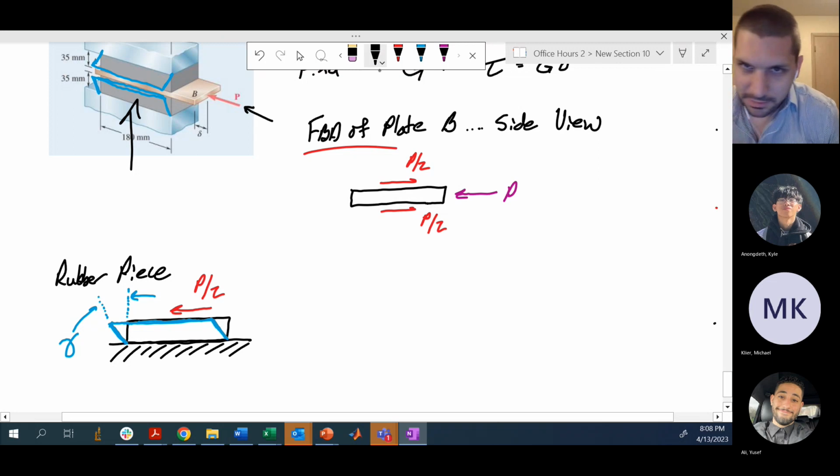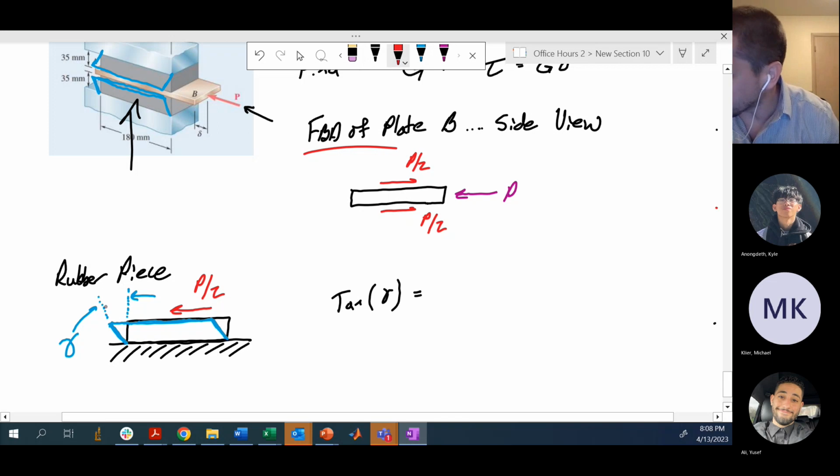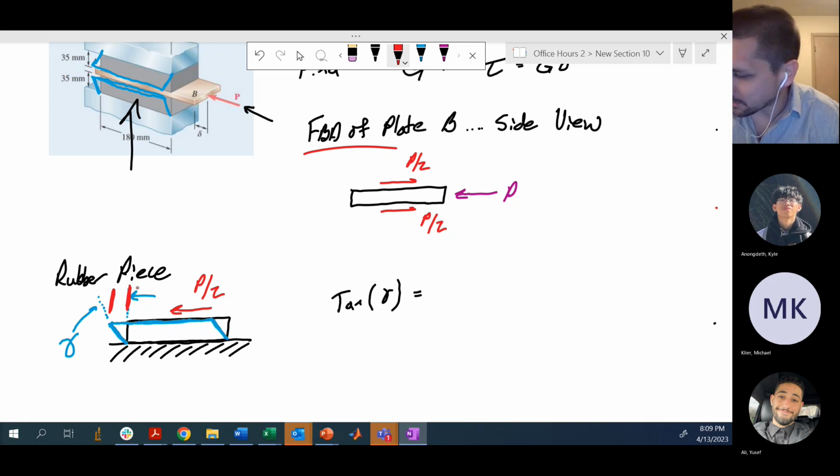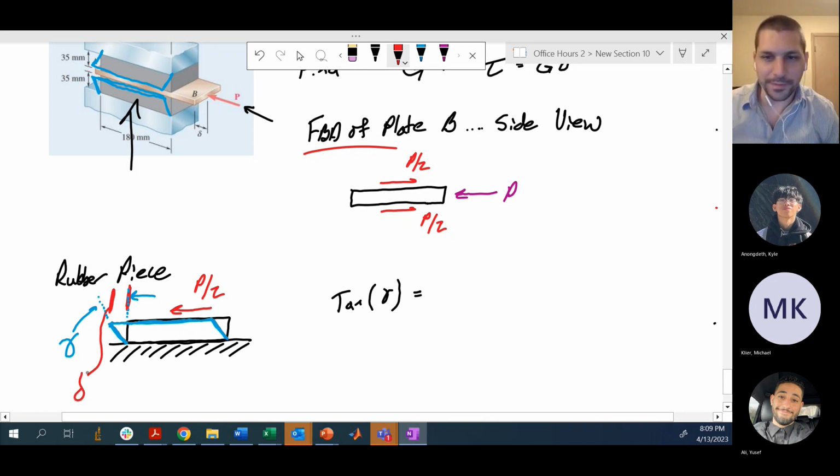And you could calculate this yourself, but we know that tangent of gamma, in this case, is going to look something like this dimension here, which in this particular problem is sort of running out of room here. This is the dimension delta. We're told what that is, 3 millimeters.